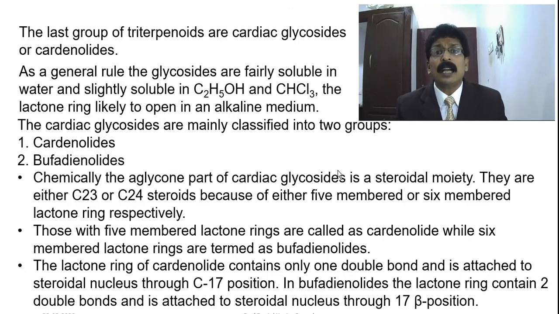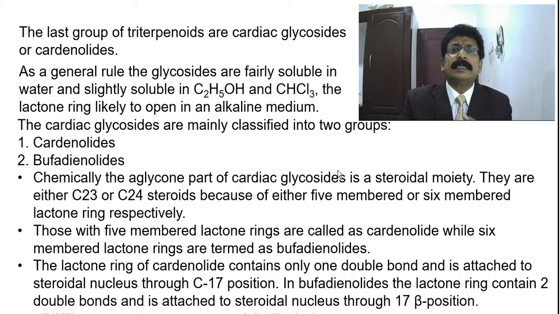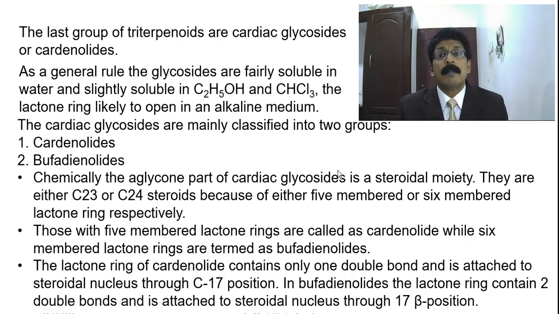And next we are coming to the last group, which is a very important group in the triterpenoids: cardiac glycosides or cardenolides. You can say even bufadienolides, another derivative, also there in cardiac glycosides.